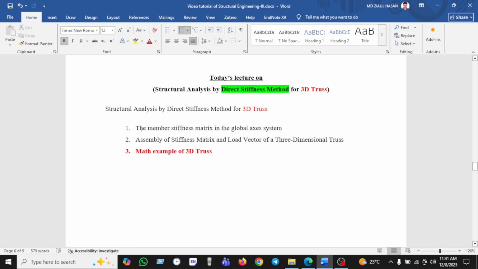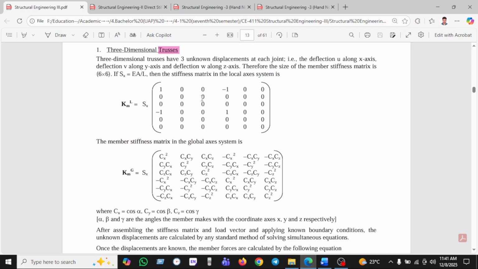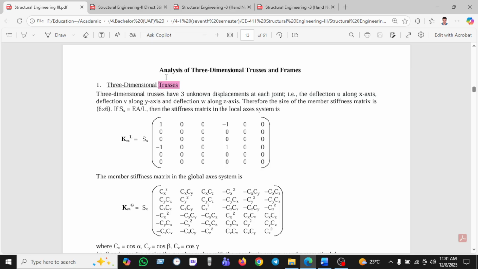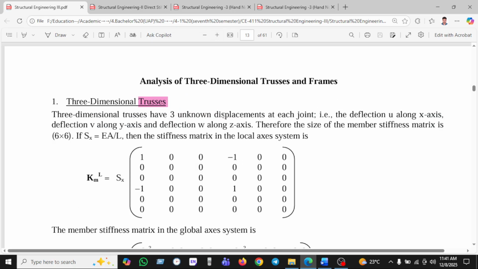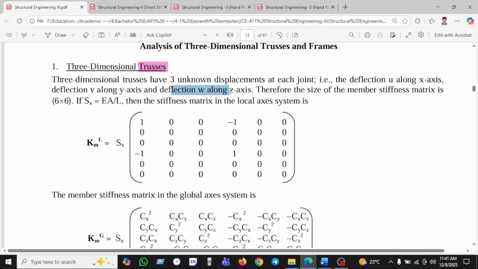Let's start from the theory, the member stiffness matrix in global systems. Here we can see the three-dimensional trusses. The three-dimensional truss has three unknown displacements at each joint: deflection u along the x-axis, deflection v along the y-axis, and deflection w along the z-axis.